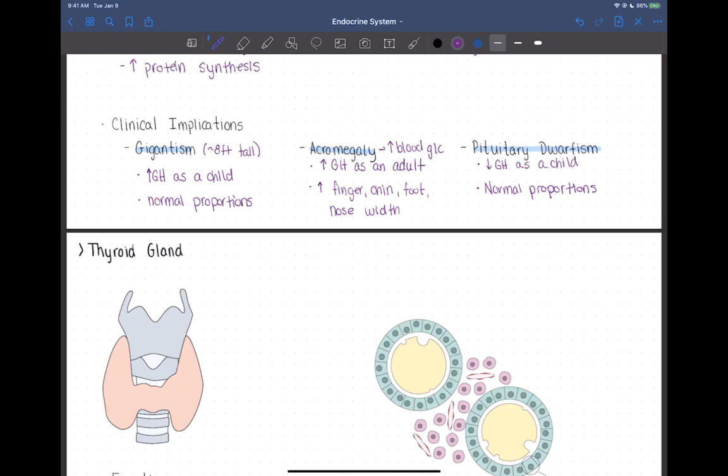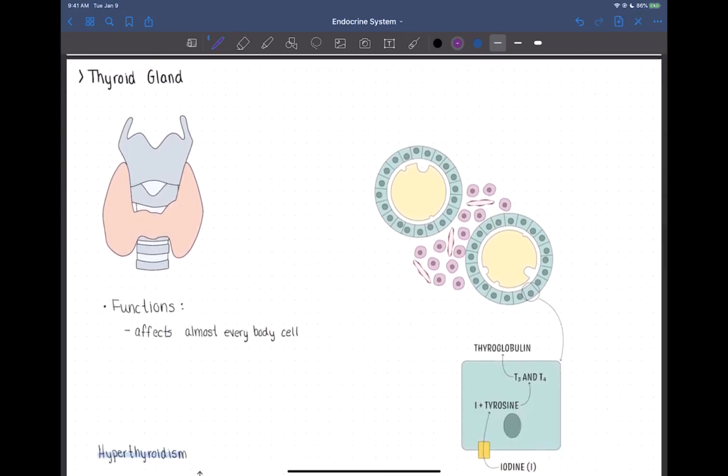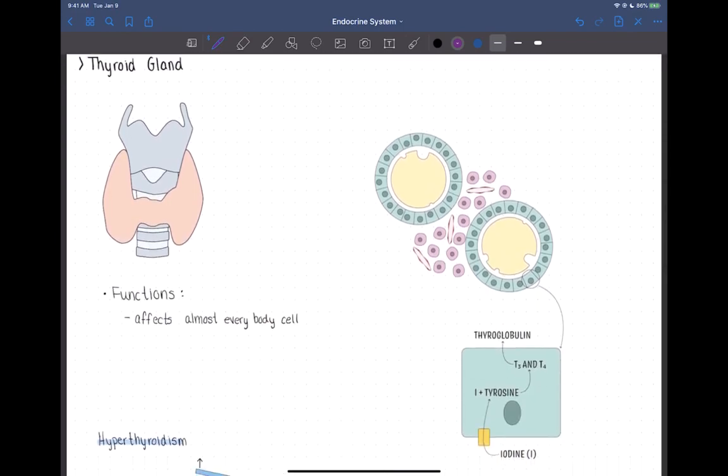All right. Now let's move on to talking about the thyroid gland. So the thyroid gland is a kind of bilobed gland that sits underneath the larynx. Okay, so this would be the larynx, essentially like your voice box. The thyroid gland is going to sit just below the cartilage of that larynx.